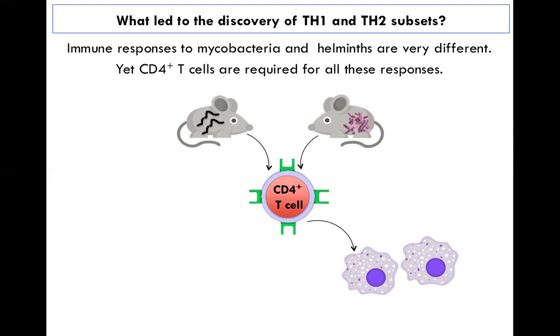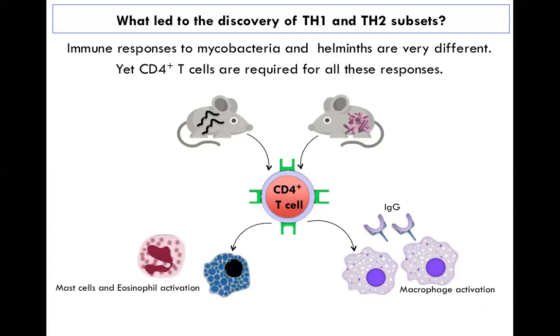The immune response in mice infected with bacteria and helminths is very different. If you look here, mycobacterium infection induces macrophage activation. When mycobacteria enter the body and infect an animal, the CD4 T cells lead to the activation of macrophages, and as a result they release a certain kind of factor, that is IgG.